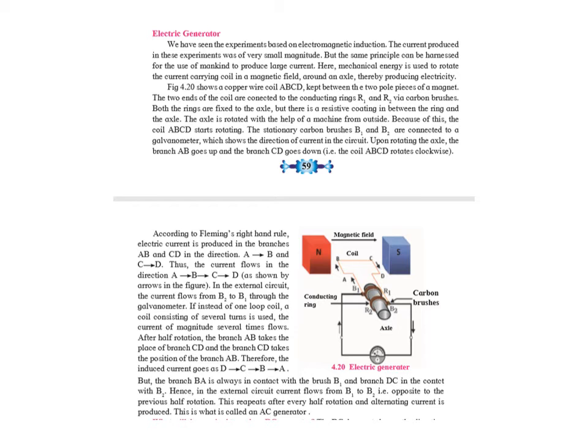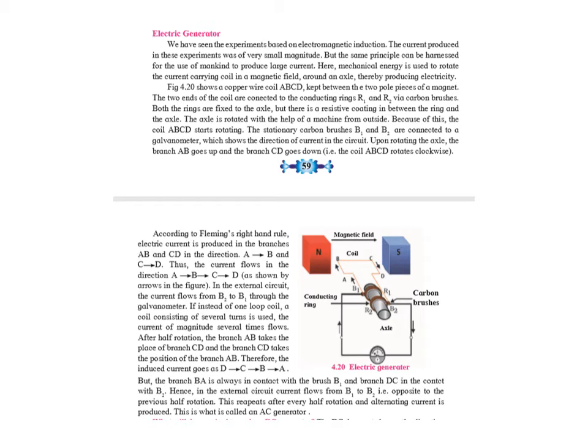Now when you start moving it, the wire moves in such a manner that AB goes up and CD goes down, and according to Fleming's right hand rule, the electric current is produced in the branches AB and CD in the direction A to B and C to D. Thus the current flows in the direction A to B to C to D as shown in the diagram with the help of arrows. In the external circuit, what happens? In the external circuit, the current flows from B2 to B1 through the galvanometer.